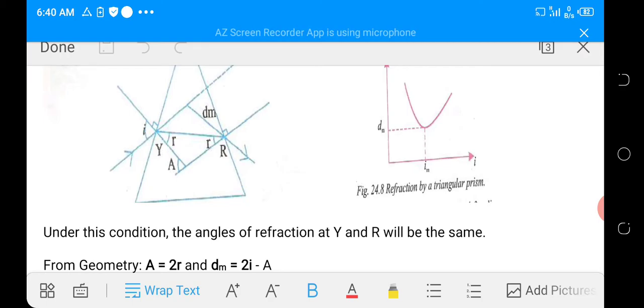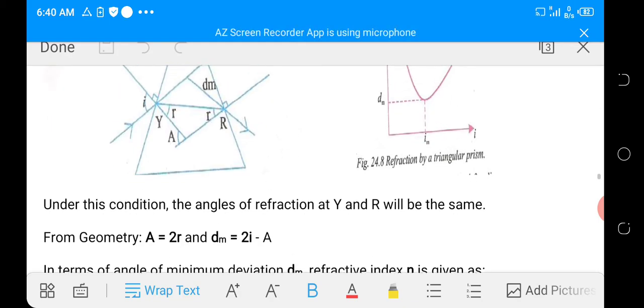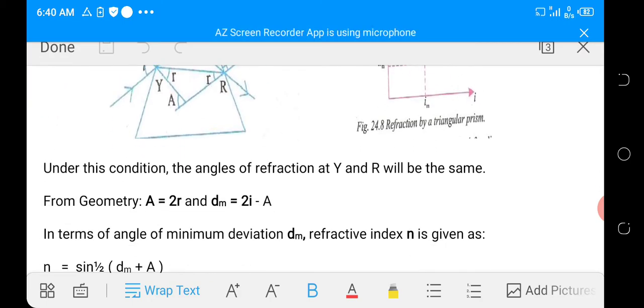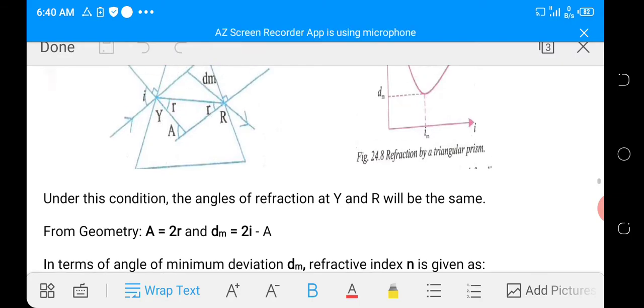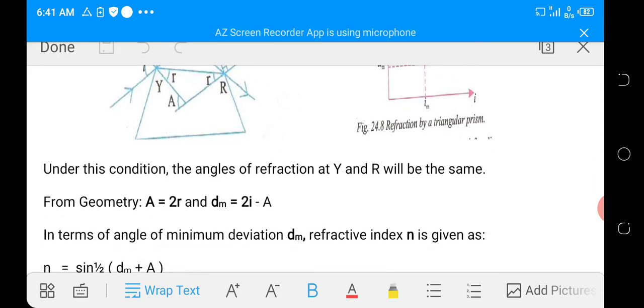Under this condition, the angles of refraction at Y and at the second face will be the same. So from geometry, the refracting angle A is equal to 2r, and Dm will be given by 2i minus A, where i is the angle of incidence and A is the refracting angle.